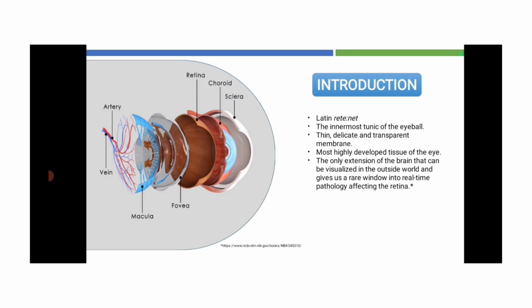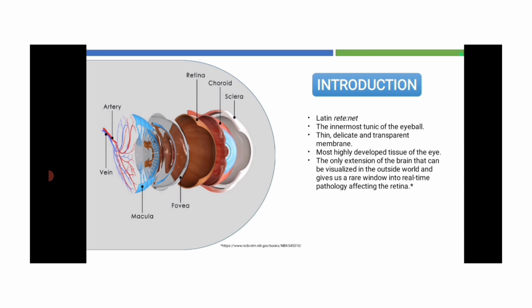The retina is actually an extension of the brain. It develops from the same tissue as the brain during embryonic growth. In fact, it's the only part of the brain that can be directly observed without surgery. This makes retina an incredibly valuable tool for diagnosing any ocular or systemic condition.